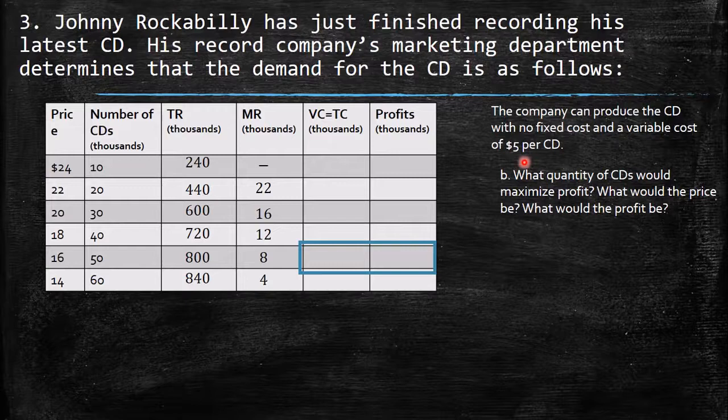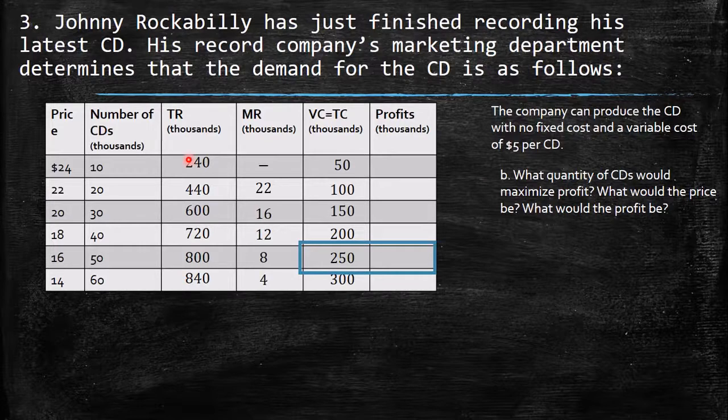The variable cost is going to be 5 per city, so then it's going to be 5 times 10, which is going to be 50,000. So we just represent here 50. Then we have 5 times 20 is going to be 100. 5 times 30, 40, 50, 60. Then the profit is going to be again the difference between the total revenue minus total cost.